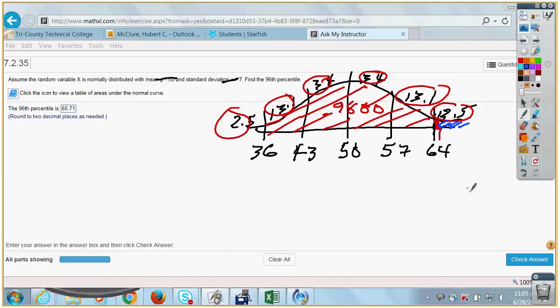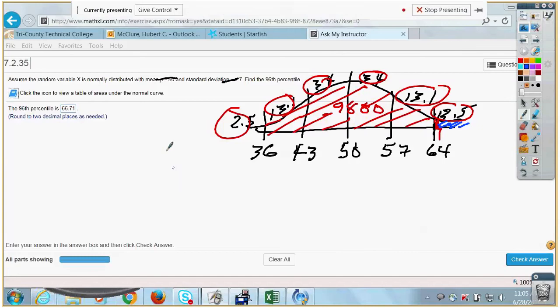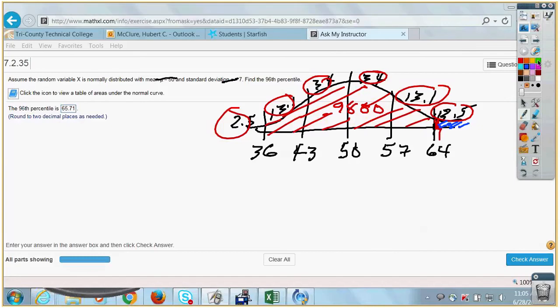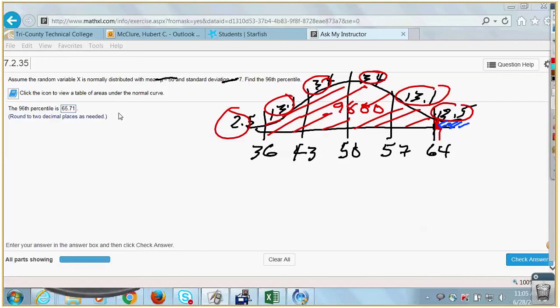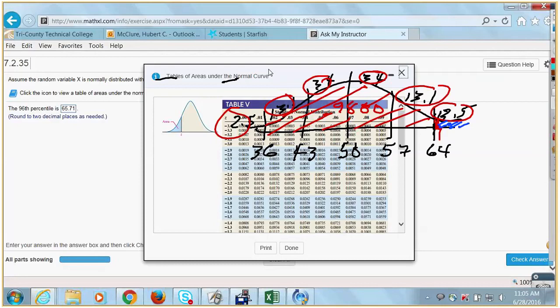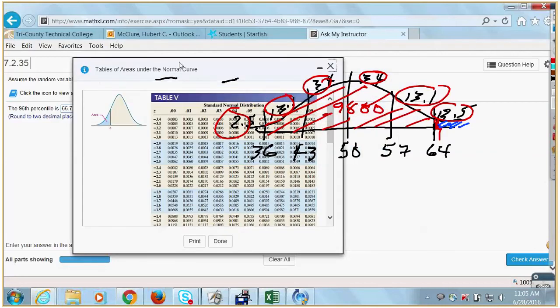Okay, so now you go to your handy dandy table, and you look up 98%.